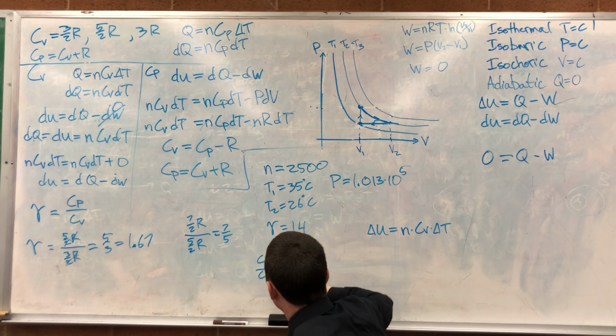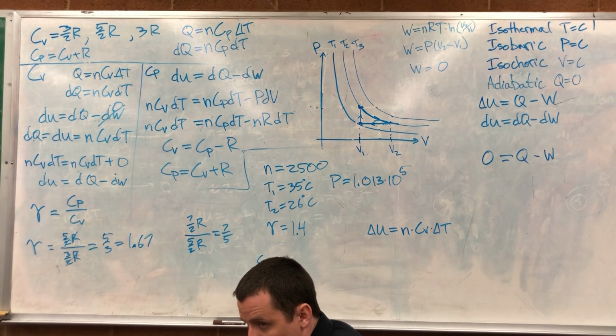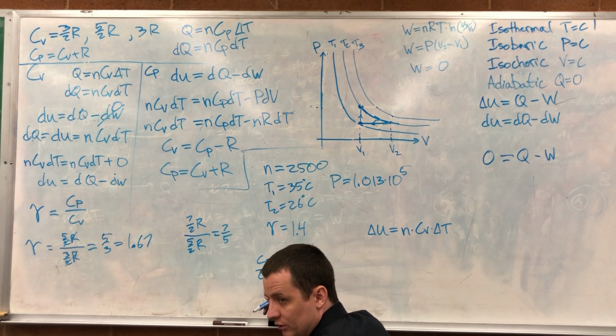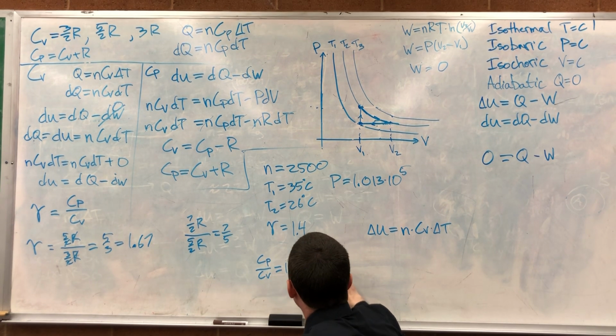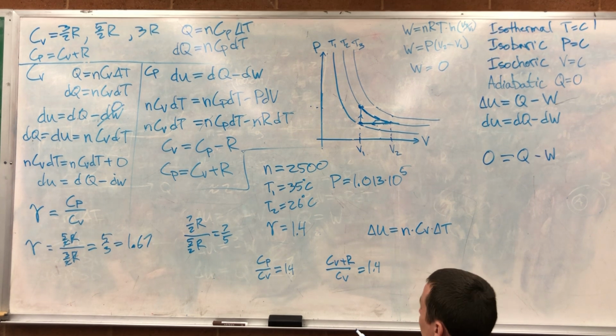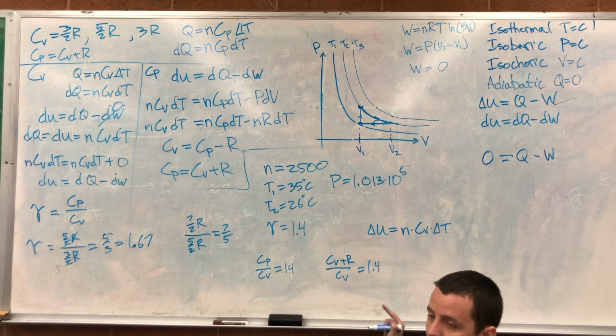This was gamma over here, 1.4, right? So how would I have solved for CV in this equation? Replace CP. CP is the same thing as CV plus R, over CV, is equal to 1.4. Now you have one unknown, because R is a constant, and then you can solve for CV.